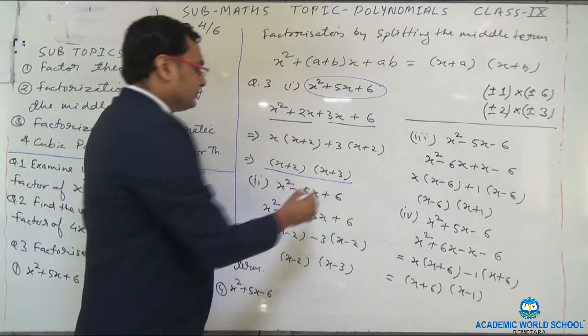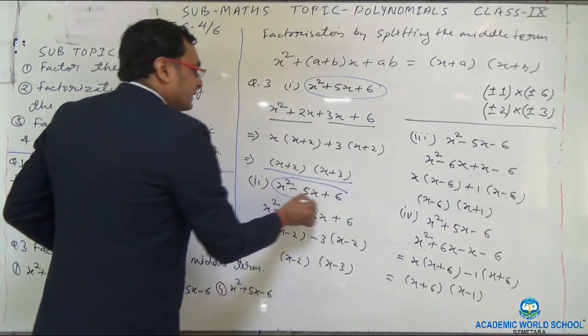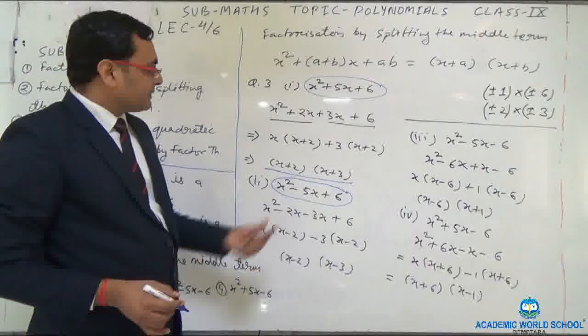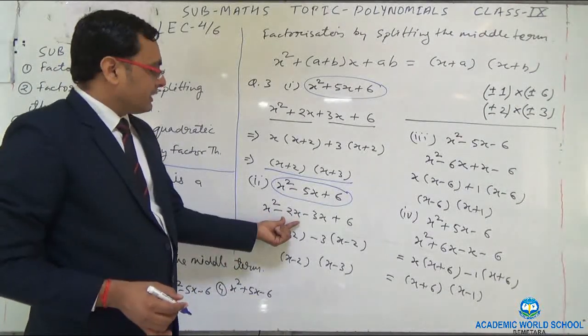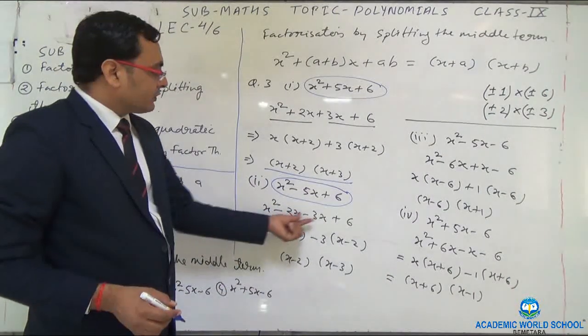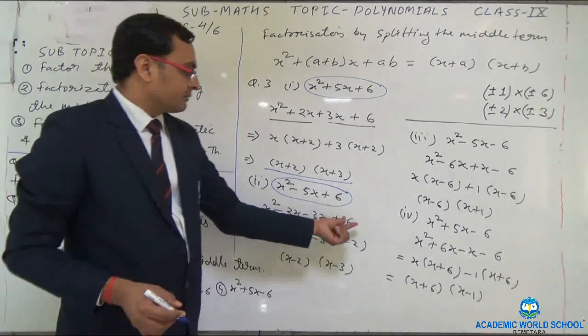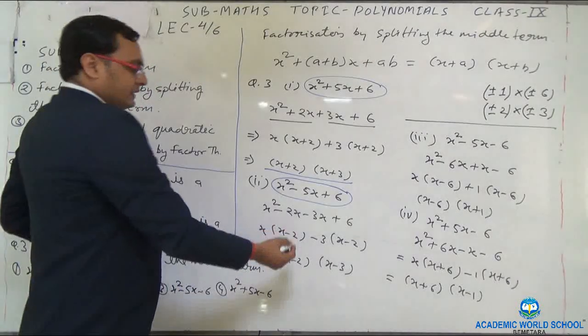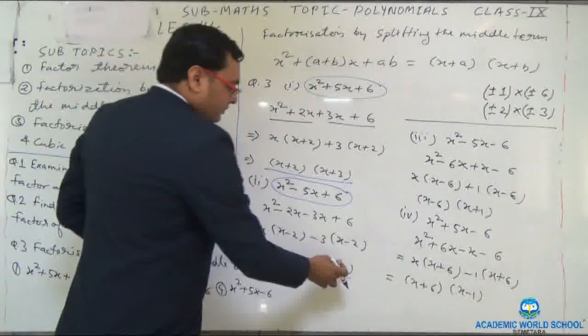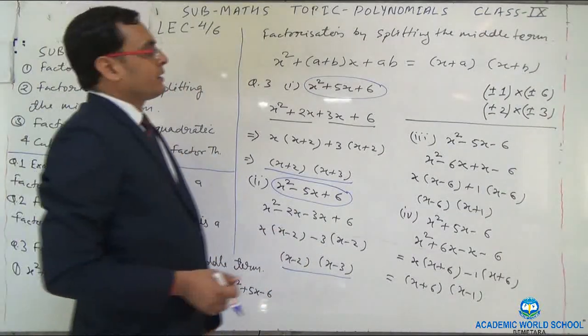Our second polynomial is x square minus 5x plus 6. We split this minus 5x in two parts, minus 2x and minus 3x. We multiplied both of them, minus 2 into minus 3 is plus 6. Then we solved it to get the two factors x minus 2 and x minus 3.